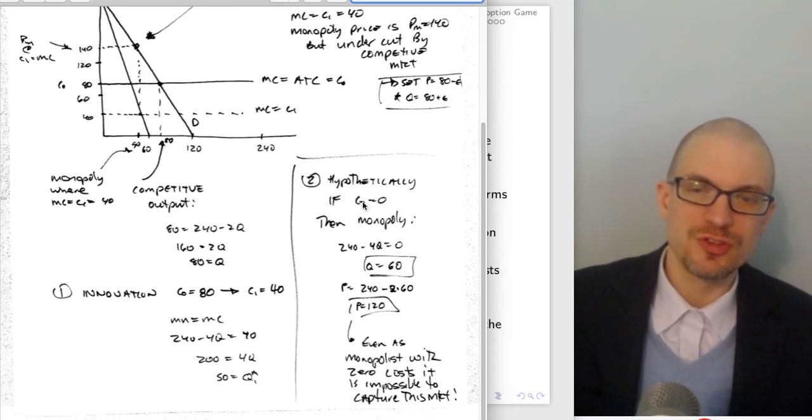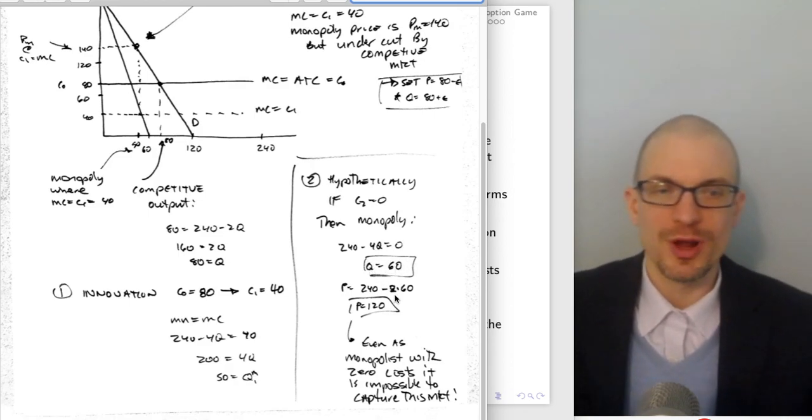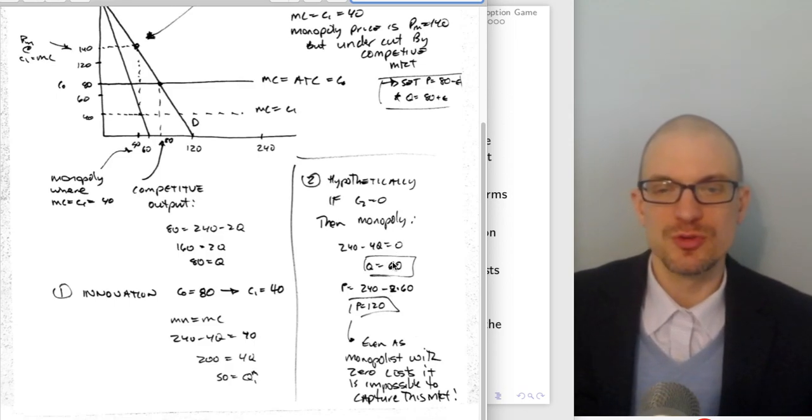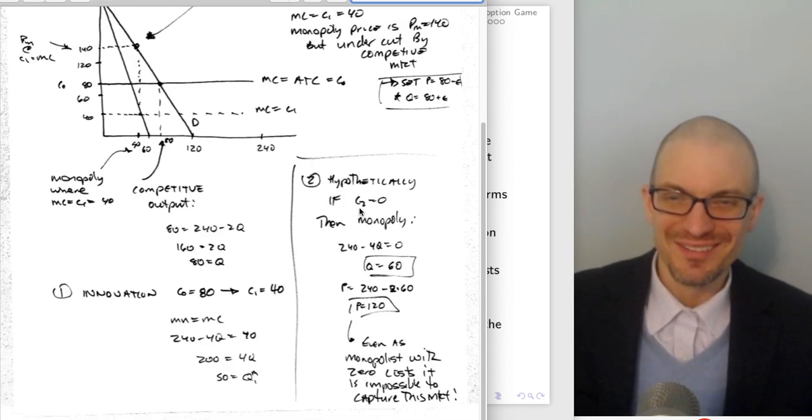So in this situation, if my marginal cost is zero, then the monopoly outcome would be, let's set marginal revenue equal to zero, and then solve, we find the quantity would be 60. The price corresponding to a quantity of 60 is 120. We actually didn't need to do that calculation, right? If marginal cost is zero, we're trying to find the midpoint of the demand curve.